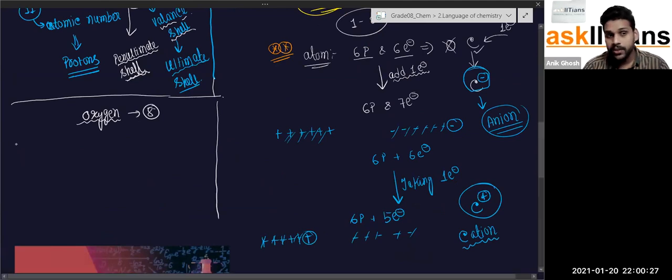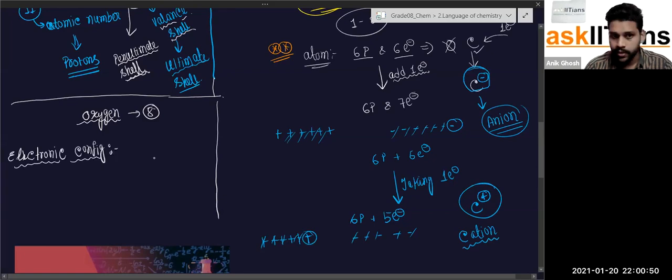So let's write it. The electronic configuration of oxygen is going to be K, L, M, N, and after that 2 and 6. So this is going to be the electronic configuration of oxygen.